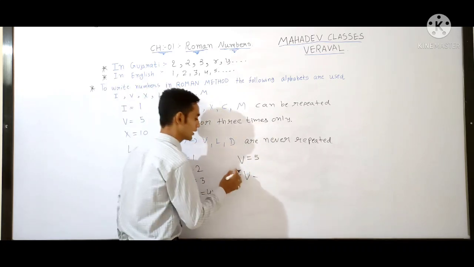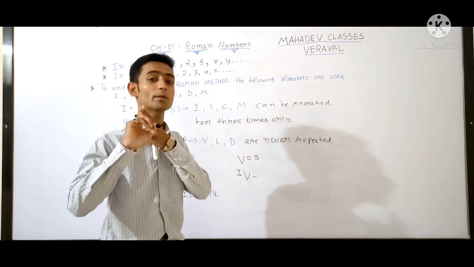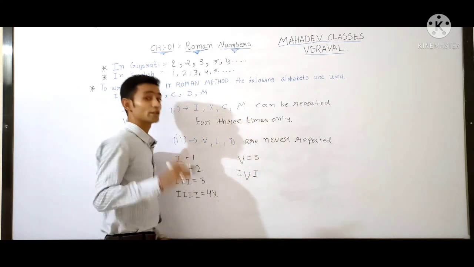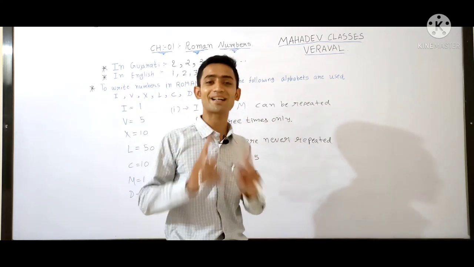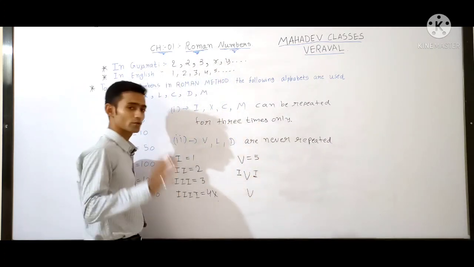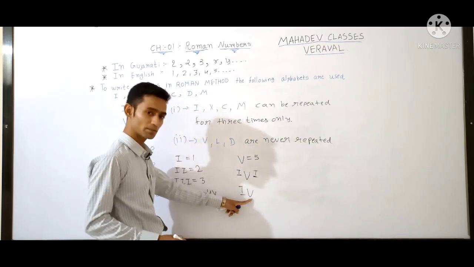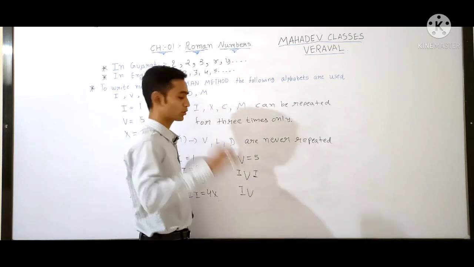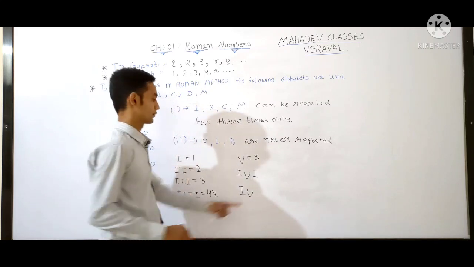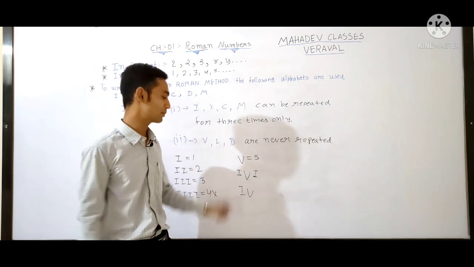If you put I on the left side, you have to do the process of subtraction, and if you put I on the right side, then you have to do the process of addition. If you write I on the left side of the V symbol, you have to subtract. V means 5 and I means 1. 5 minus 1, you will get 4, which is the Roman number of 4.